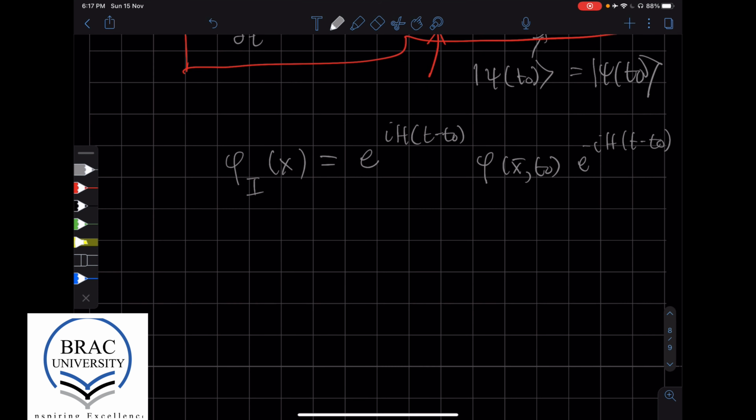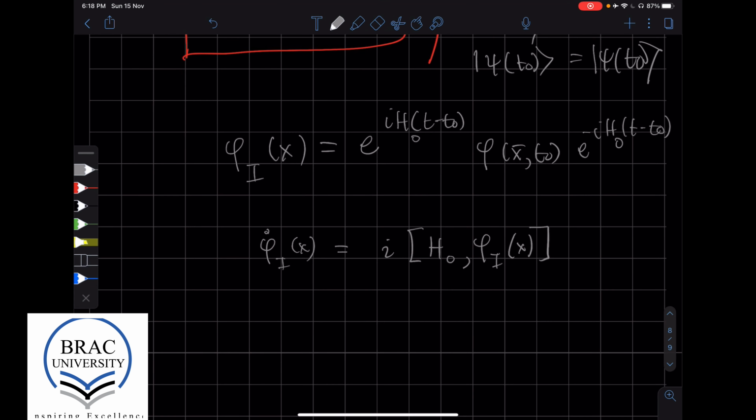And now, in a very simple exercise, one can show that the time derivative of the interaction picture field operator is given by i times the commutator of H0. Oh, sorry, there should be an H0 here and H0 here. The commutator of H0 with phi I of x.